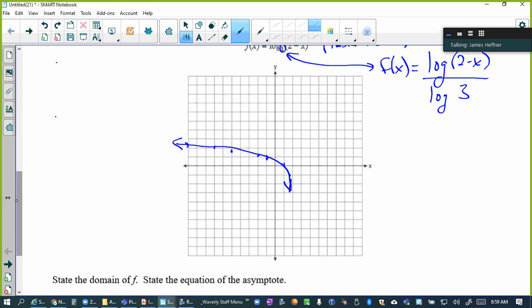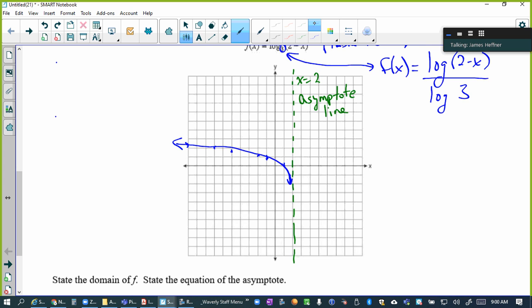All right, so does anybody see what the asymptote line would be here? X equals 2. So this is x equals 2, our asymptote line, right?